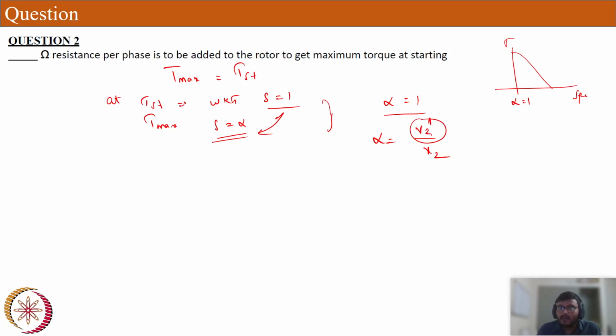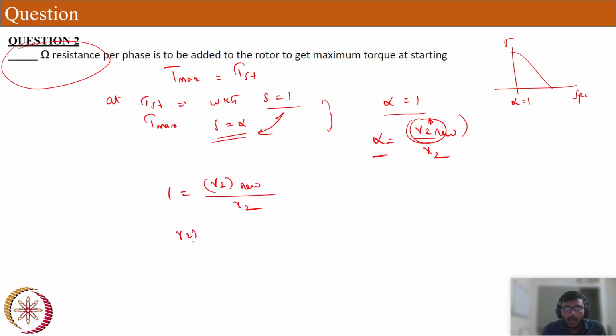We have R2 new, which is the combination of R2 plus some external resistance. That's exactly the question also. What is the extra resistance that needs to be added? Now, since alpha is equal to 1, 1 is equal to R2 new divided by X2. So R2 new is equal to X2.